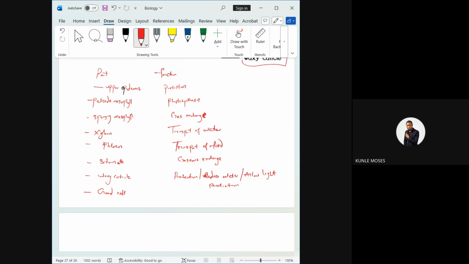That one is certain. Either they ask functions of some components or they ask you to identify structures. You cannot escape the question. So the guard cell controls the opening and the closing of stomata.